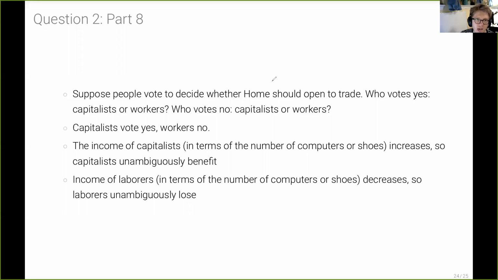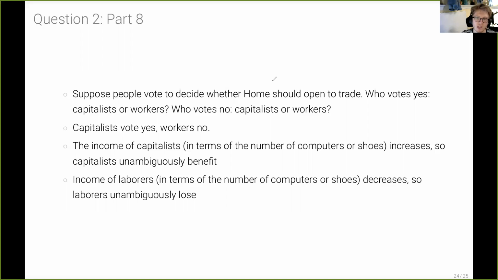And so capitalists, as we've seen, can benefit from trade in that they can now buy more in terms of the total number of computers or shoes. Regardless of whether they like computers or shoes, they can buy more. And so capitalists have unambiguously benefited from trade. So capitalists would vote in favor of trade.